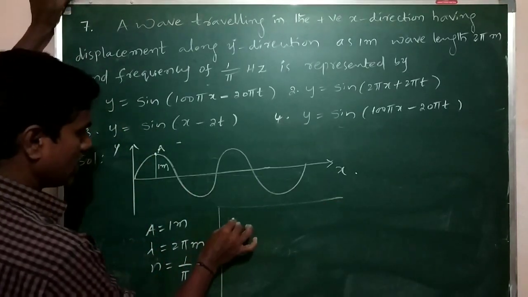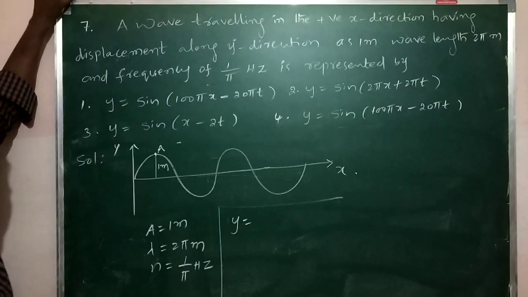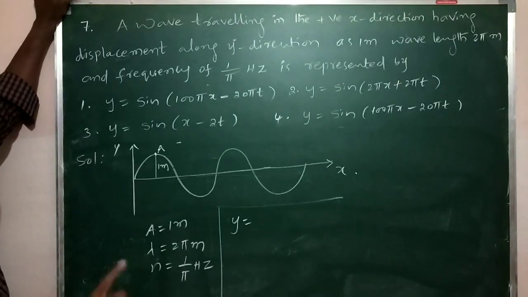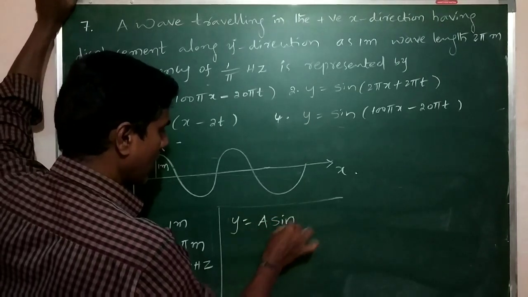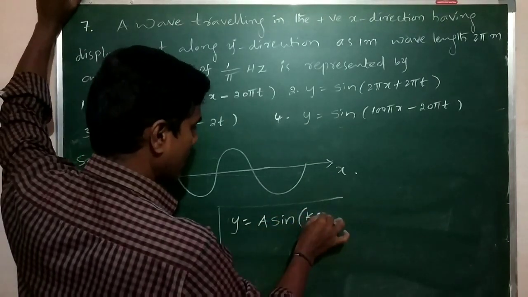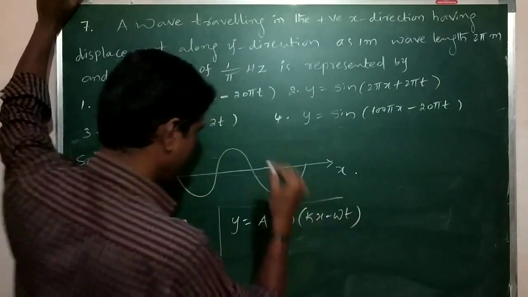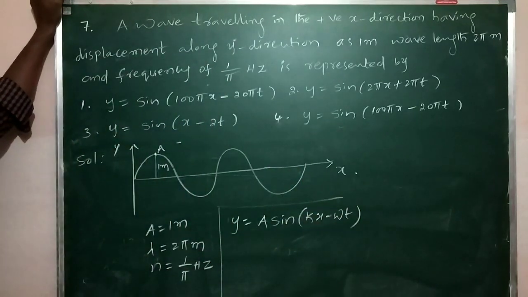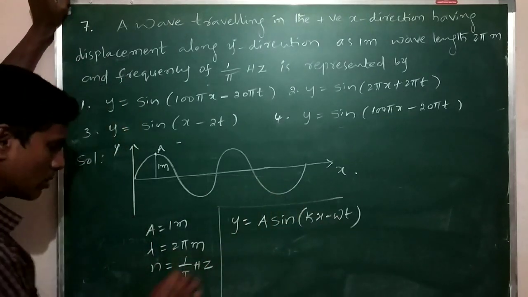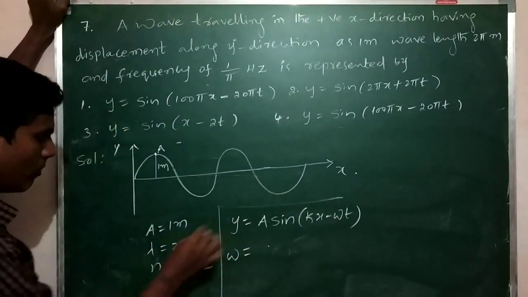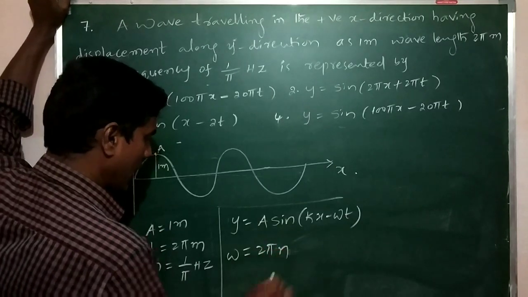When the wave is moving along the positive x direction, the wave equation is given by y = A sin(kx − ωt). But we need to calculate ω and k. So we have to find ω. ω equals 2πn.